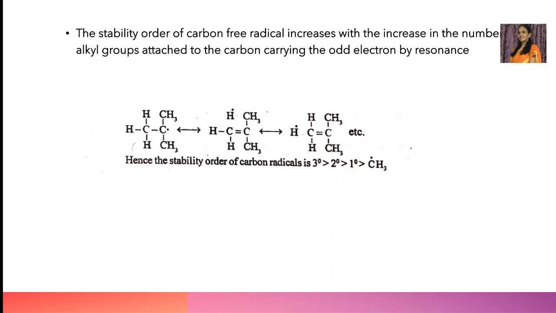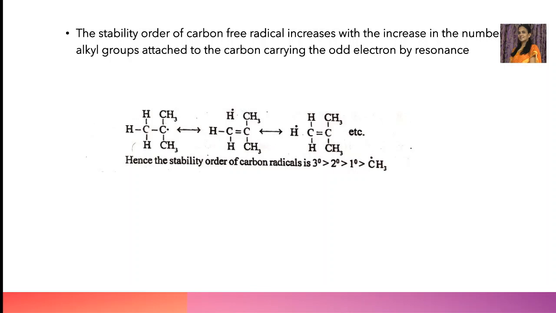A secondary free radical has only 7 hydrogen atoms, a primary radical has only 5 hydrogen atoms, whereas this has 9 hydrogens: 3 methyl groups, each having 3 hydrogens. Secondary means 2 methyl groups and 1 hydrogen, so 7 hydrogens. Primary means 1 methyl group and 2 hydrogens.